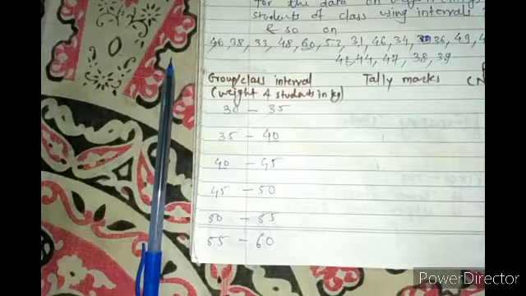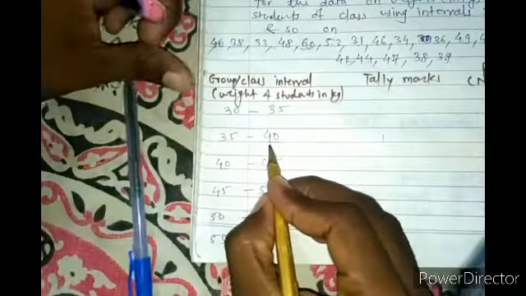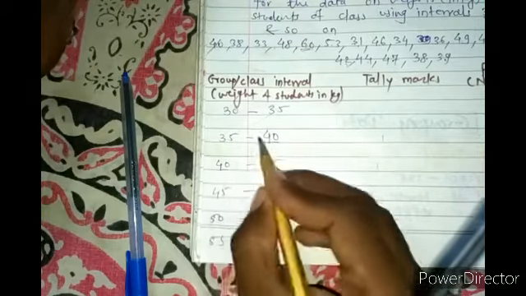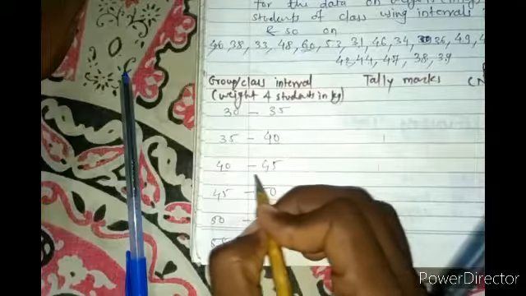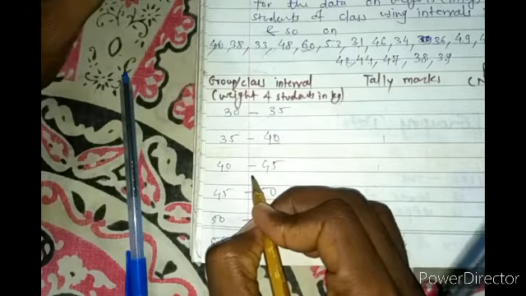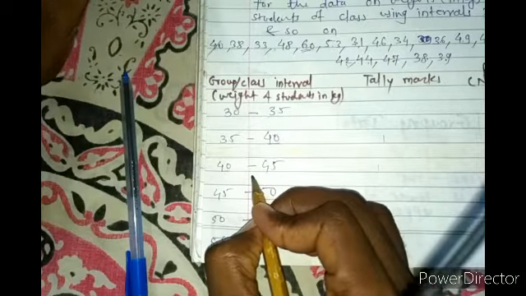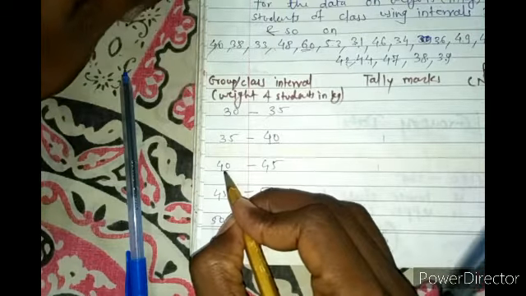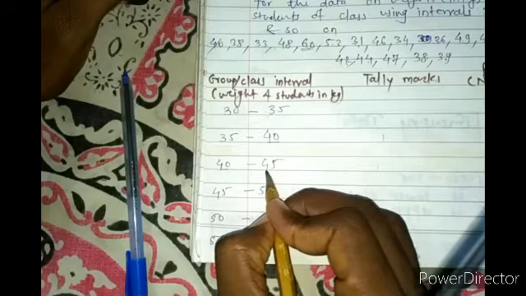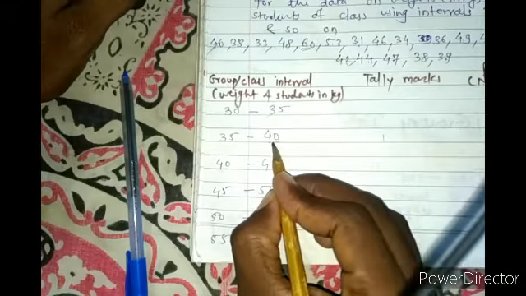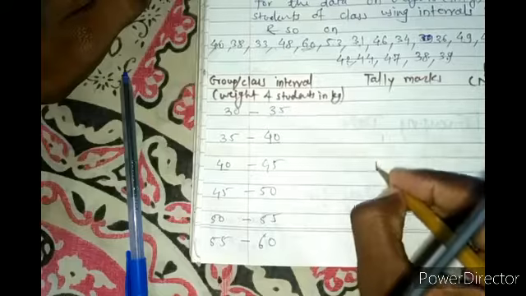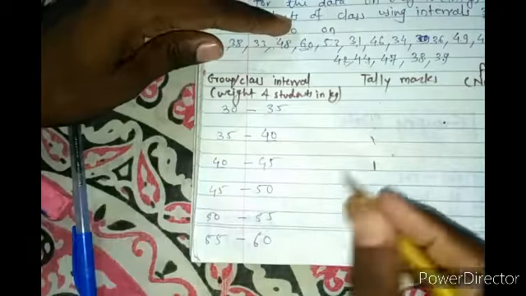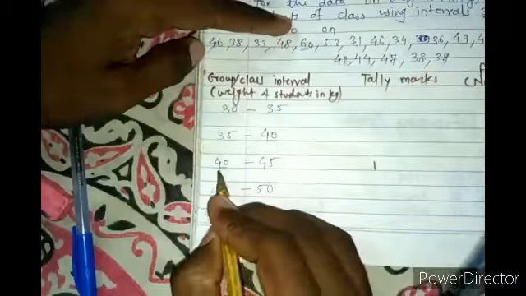Why limits? Because here 40 is the upper class limit and here 40 is the lower class limit. So out of these two classes, the 40 will lie in the higher class, and the higher class is where the value is bigger than 40. So here the upper limit is 45 and here the upper limit is 40. So 40 will lie here, right? So always keep in mind, wherever such confusion occurs, you give the preference to the higher class, right?